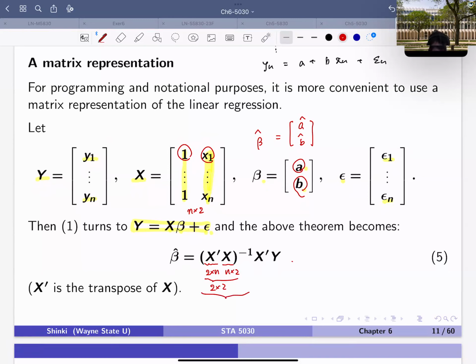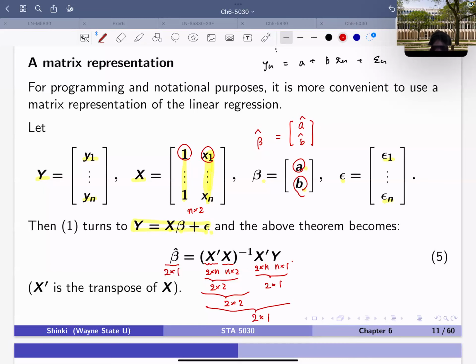Still this is 2 by 2. X transpose is 2 by n, and Y is an n by 1 vector, so the product is 2 by 1. So the entire quantity is 2 by 1: the first element is a hat, and the second element is b hat. This is a very important formula, so usually statisticians memorize this one.